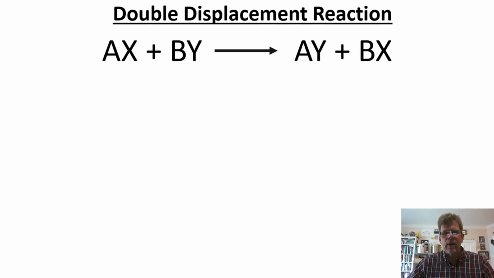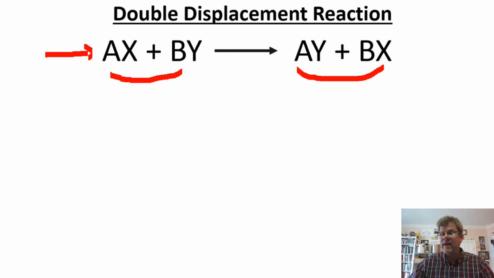Lastly, a double displacement reaction. In this very general example, AX plus BY, let's look at that reactant profile right there. And look what happens to A and B in the product profile. X and Y, double, have displaced. So where X was on A, X ends up on B. And where Y was on B, Y ends up on A. Two things displace.